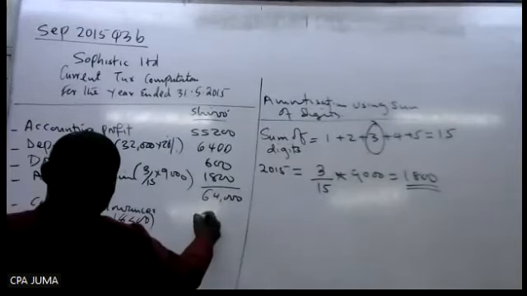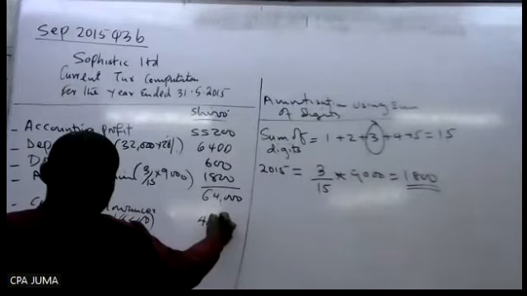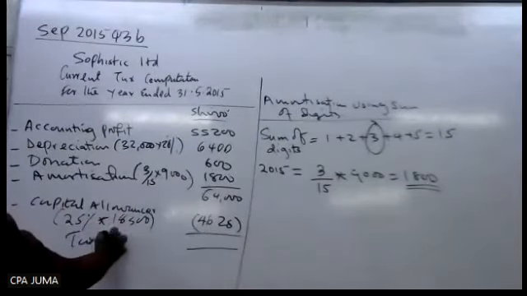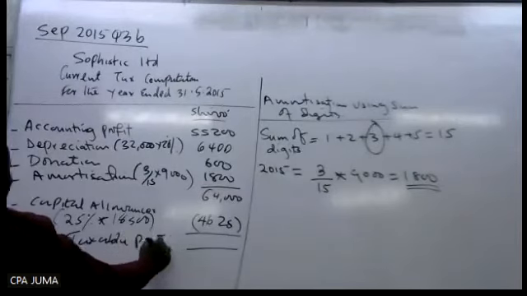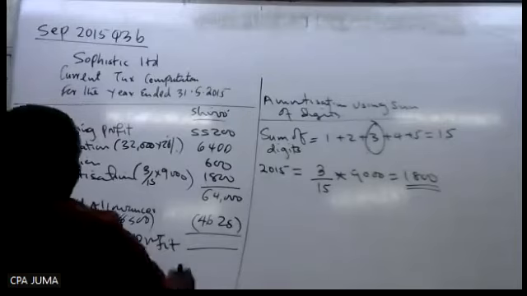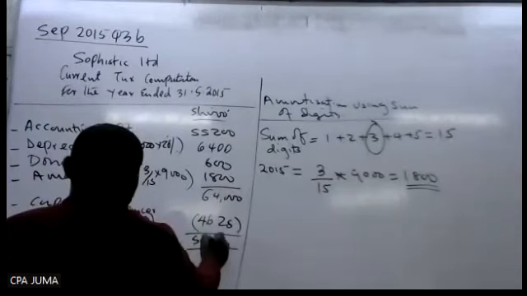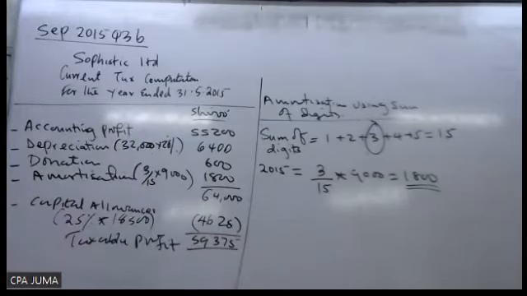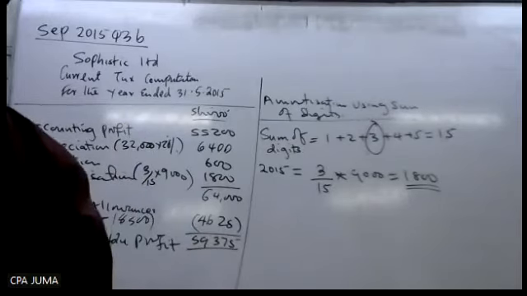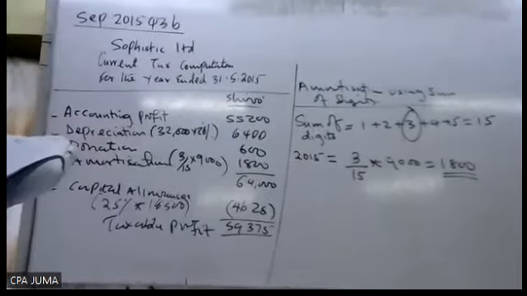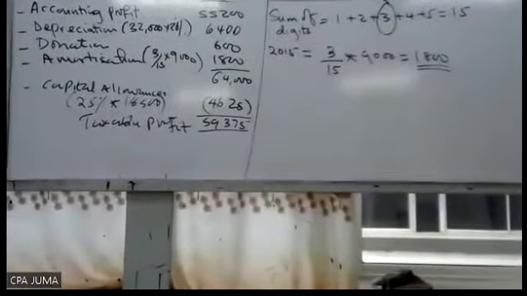46? So taxable profit will be how much? 59? But what did the examiner want? The current tax.